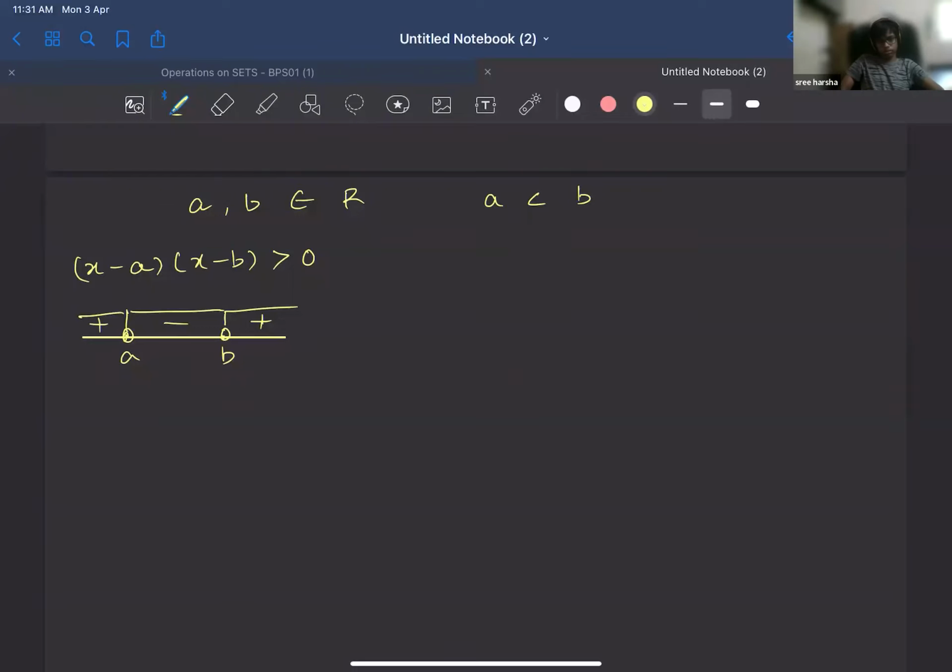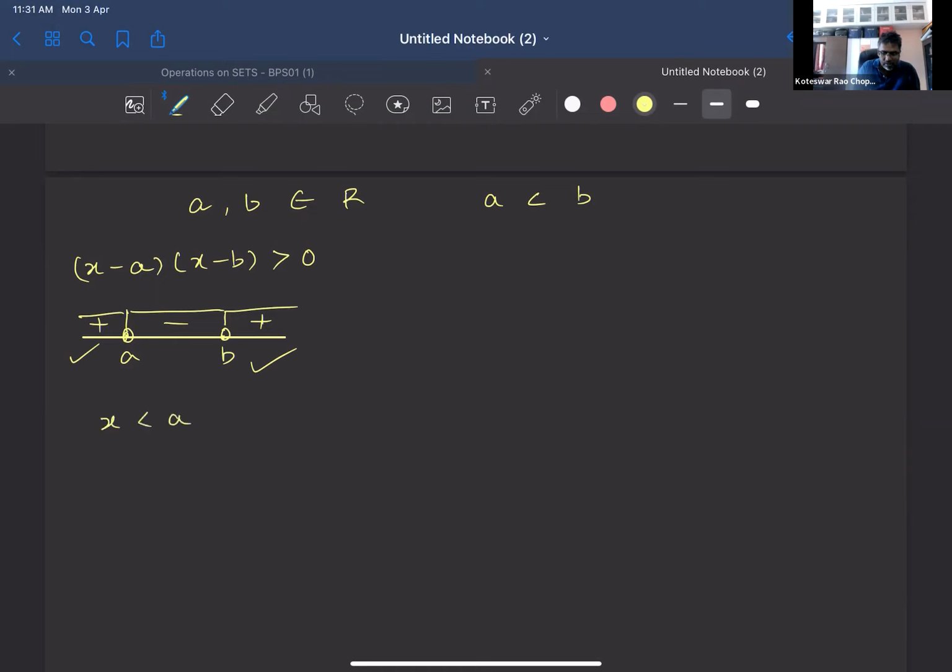If I'm looking at greater than 0, anything that is greater than B is okay, and this is also okay. So my solutions will be either x is less than A or x is greater than B.